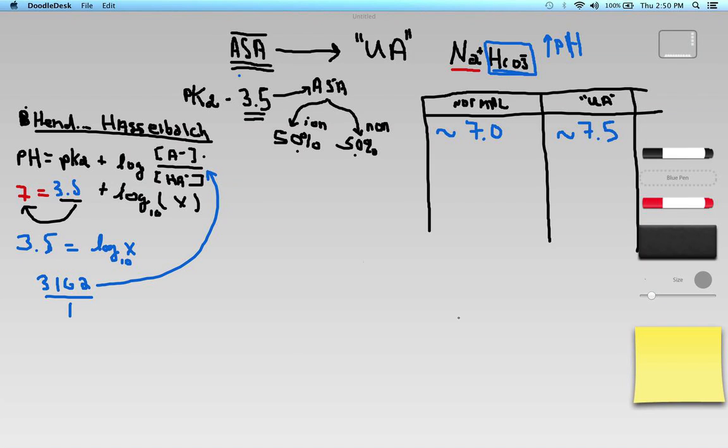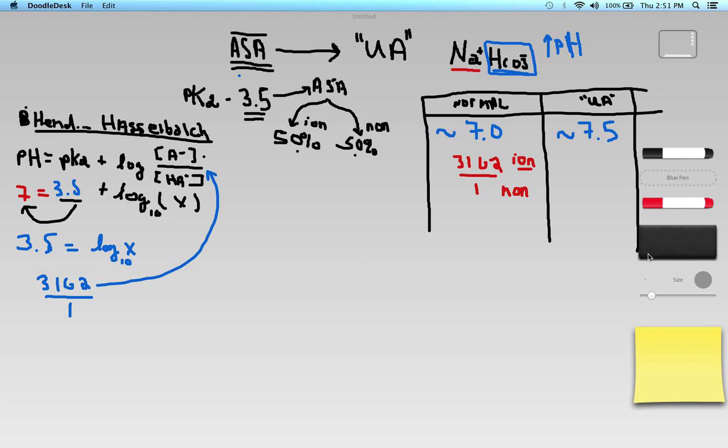So that tells me that in normal urine, with a pH of 7, I have 3,162 parts of ionized aspirin to 1 part of non-ionized aspirin.